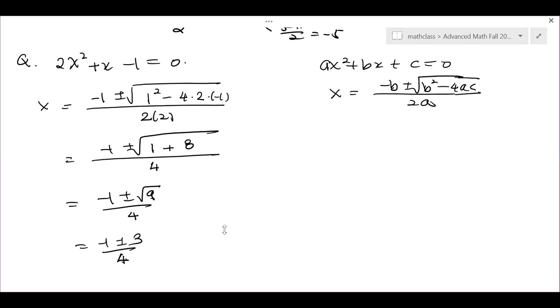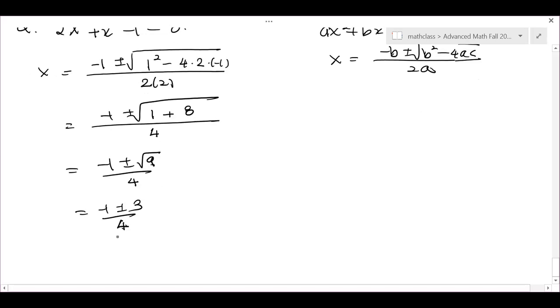Okay, so what do we get? When you choose the positive sign, you get one solution: negative 1 plus 3 is going to be 2, and 2 divided by 4 is 1/2. If you choose the negative sign, you will get negative 4 over 4, that's negative 1.